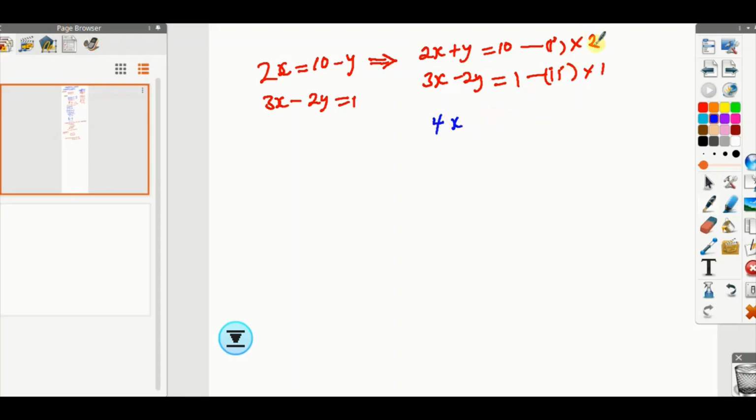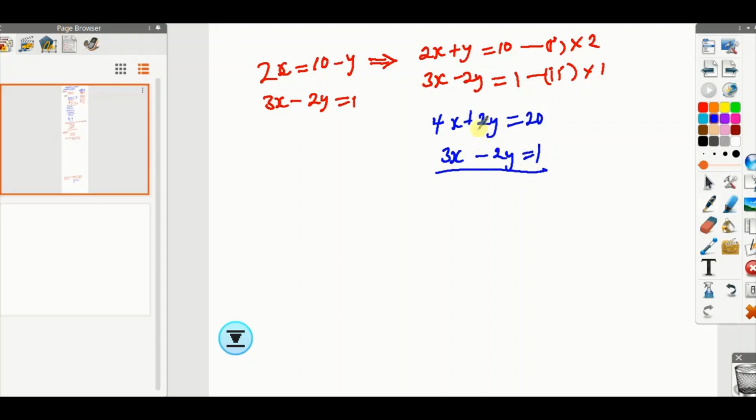From here we have 2 times y, we have 2y, and 2 times 10, that is 20. 1 times 3x, we have 3x minus 2y equal to 1. Right. So their coefficients are now equal.